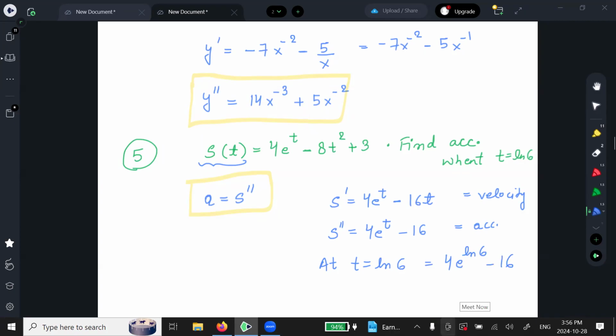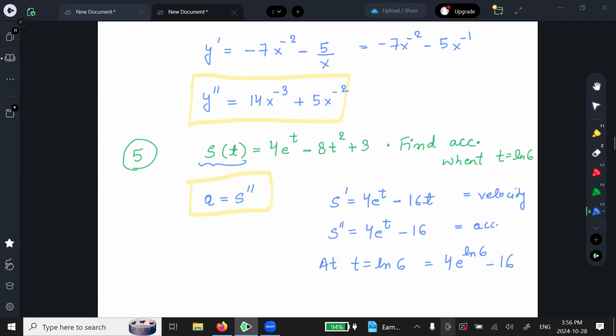Now, what happens if your second derivative is positive? Ah, good job. What happens if your second derivative is negative? And how do I find those inflection points? What equals 0?